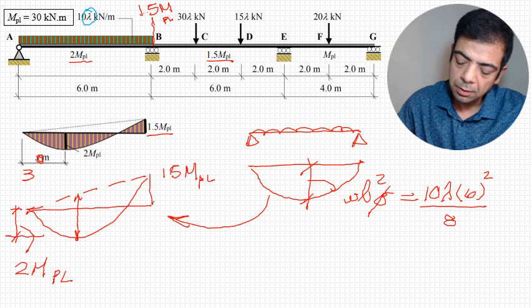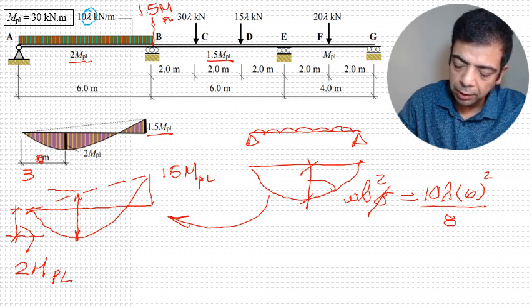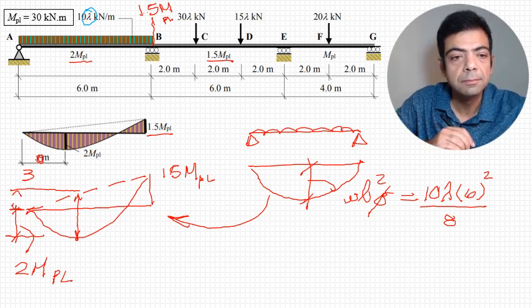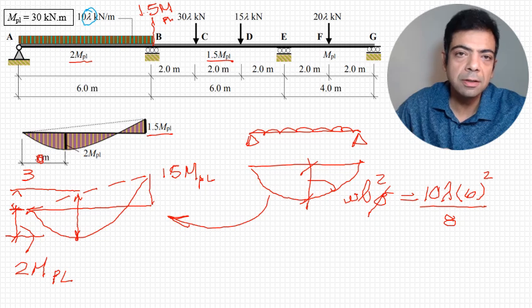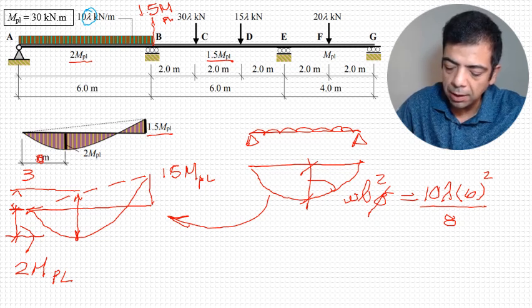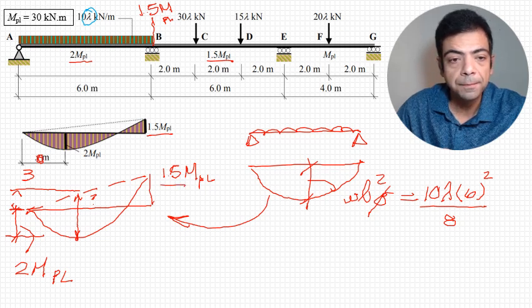All right. What is the distance from the dotted line to the beam? What is this distance? Look, there is a ratio between this value, which we're looking for, and the base of the triangle. It's going to be half the base.